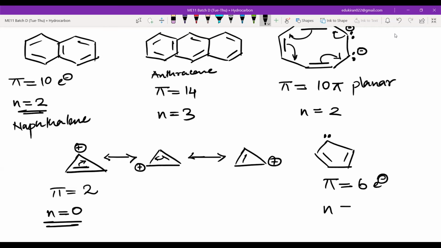Now 6 electrons means n will be equal to how much? 4n plus 2 equal to 6, so n is 1. Write this down, let me know if you're done.